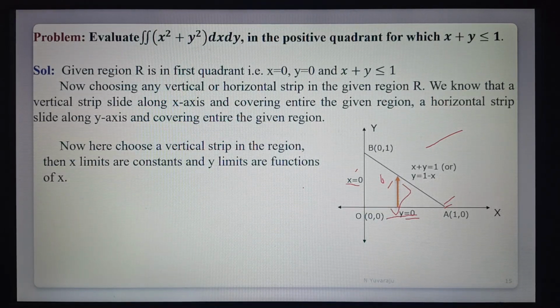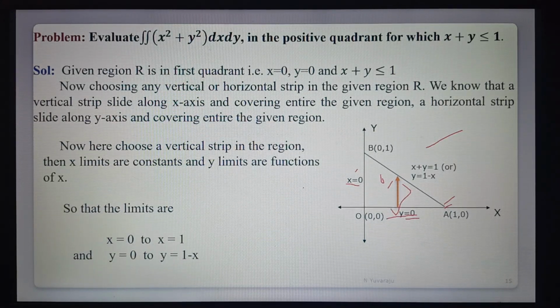So the x limits are constants, 0 to 1, and the y limits are functions of x, y equal to 0 to 1 minus x. Directly from the graph we write the limits: x equal to 0 to 1, y equal to 0 to 1 minus x.